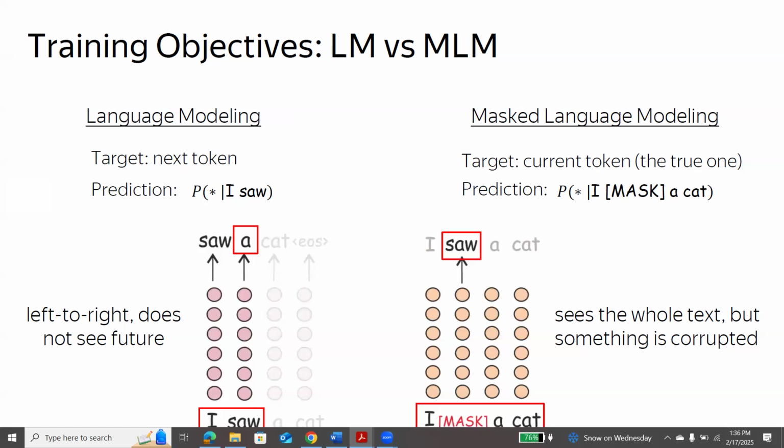And you can maybe understand even now how we can use this model for question answering systems.